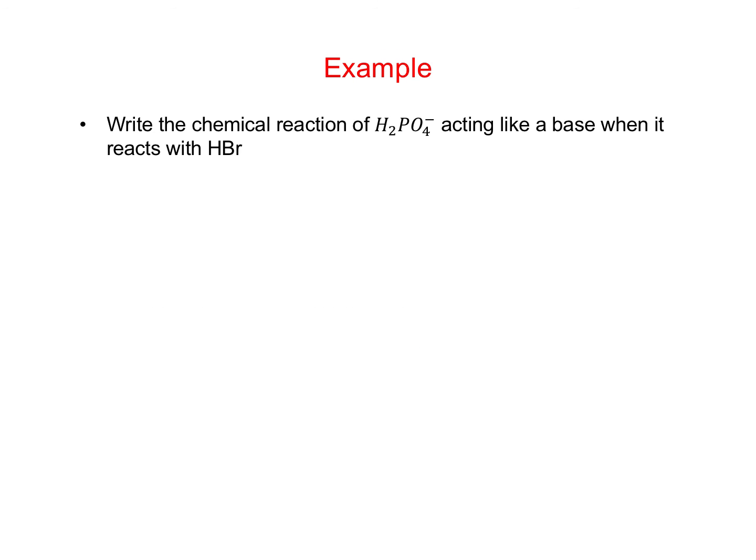All right, so let's finish up by writing some chemical reactions involving Bronsted-Lowry acids and bases. In this first example, I want to write the reaction for H2PO4 minus acting like a base when it reacts with HBr. So I'll write down my two reagents: H2PO4 minus, reacting with HBr.